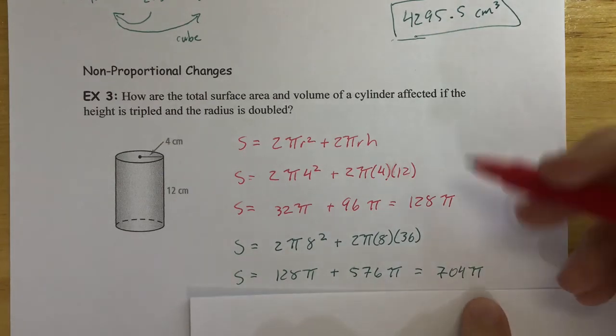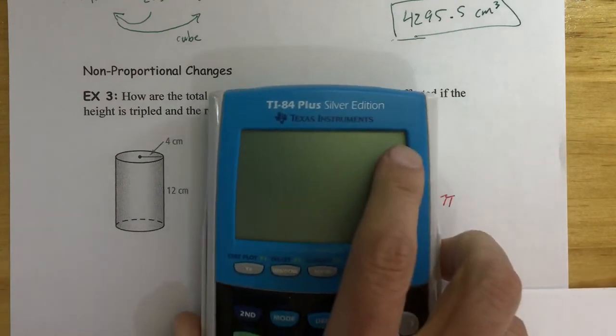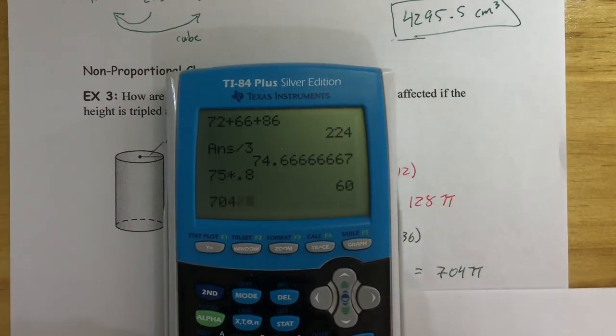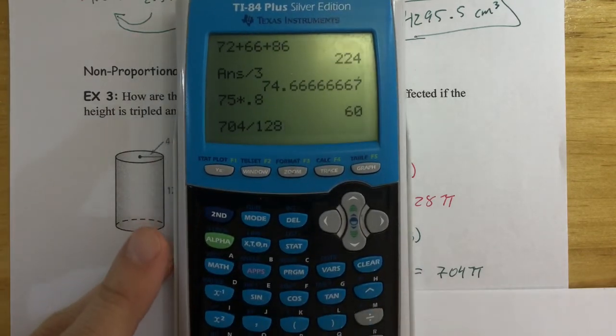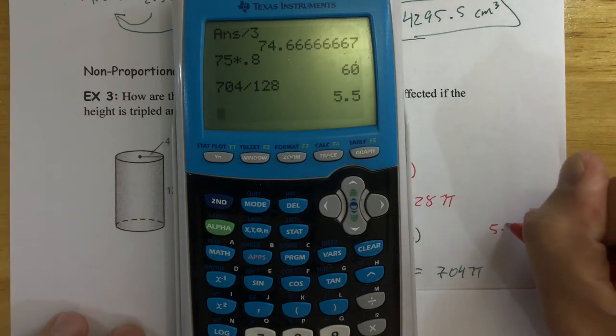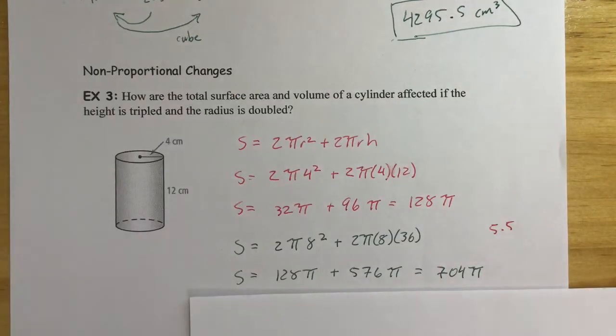Okay, and since both the previous and the new one are in terms of pi, what we can do is just divide the coefficients, the 704, divide that by 128. See if you can see that. And it gives you 5.5. Okay, when you divide, you get 5.5. And of course, when you divide, if you had the pi symbols in there, then the pi symbols will end up canceling out.